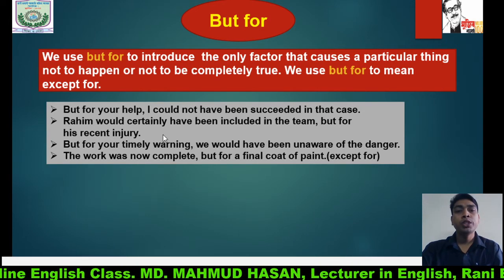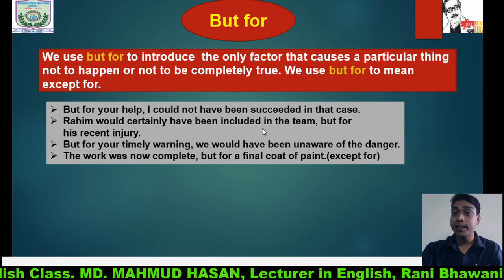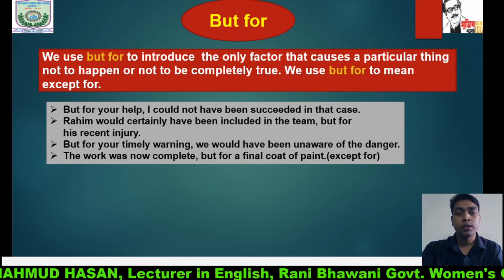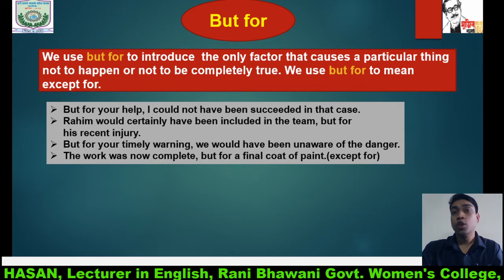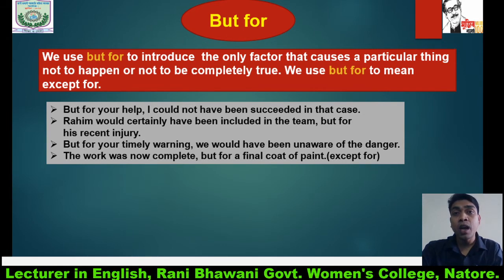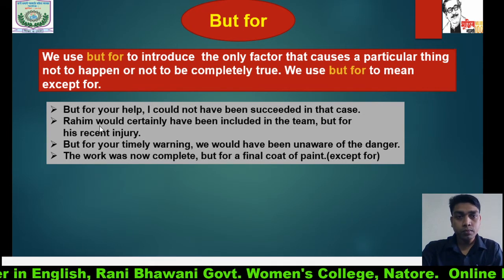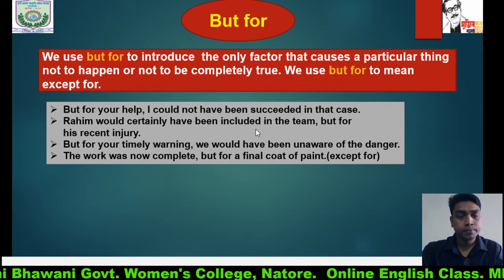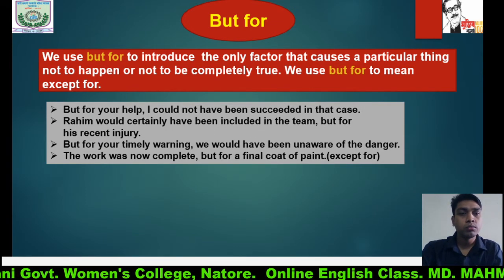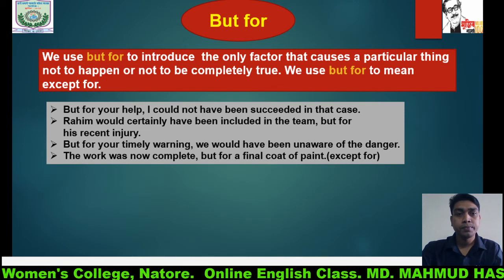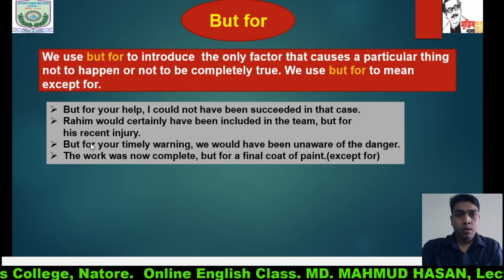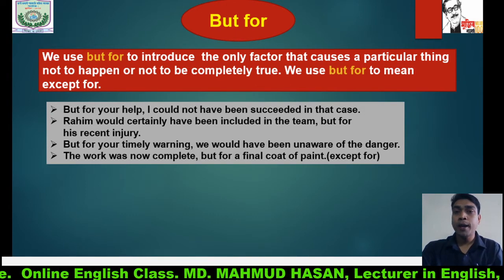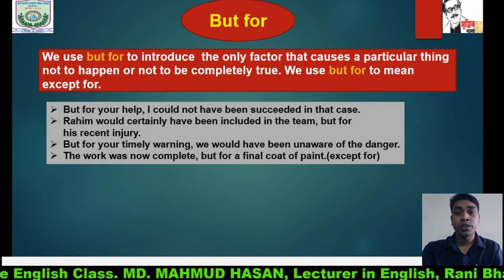Rohim would certainly have been included in the team but for his recent injury. That means Rohim is not in our team right now. But for your timely warning, we would have been unaware of the danger.